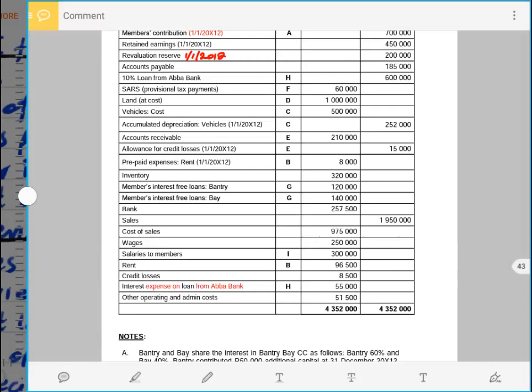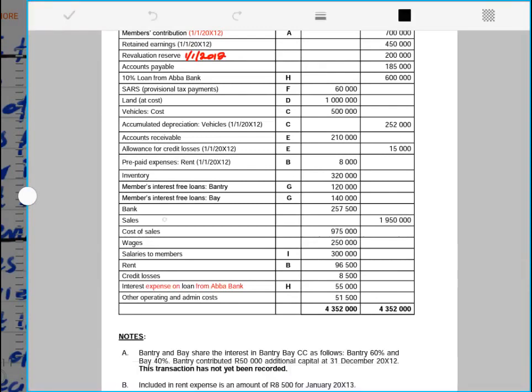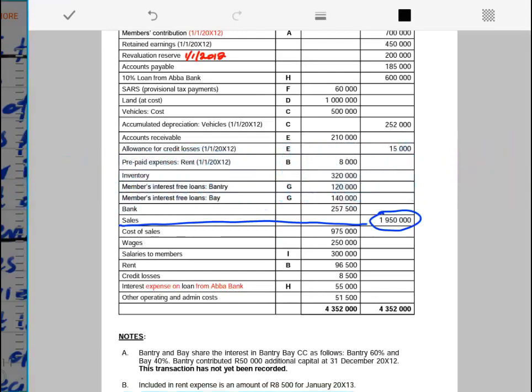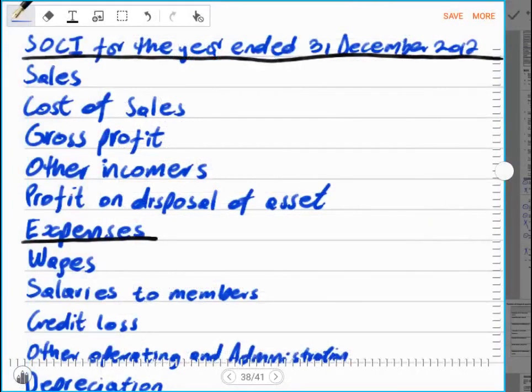Then record in the income statement the amounts that are there. We have the amount of the sales, 1,950,000 rands. So now I will record this in the income statement as they are.